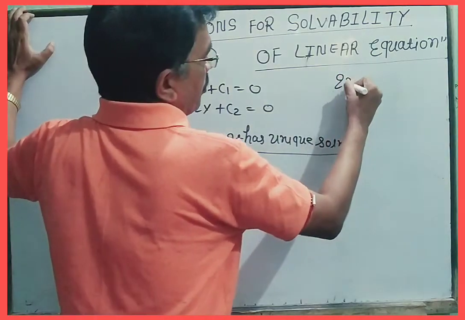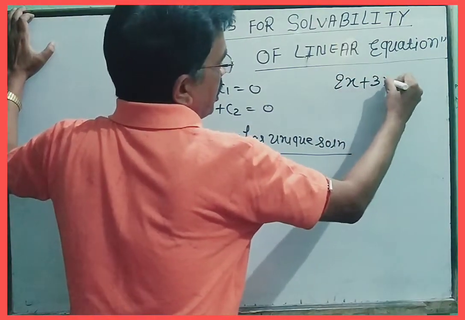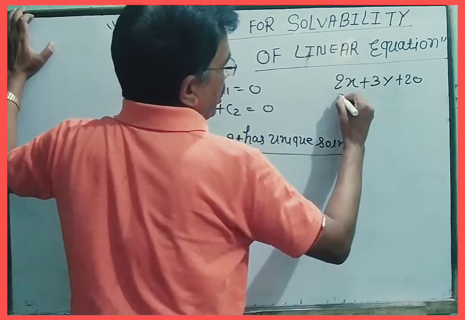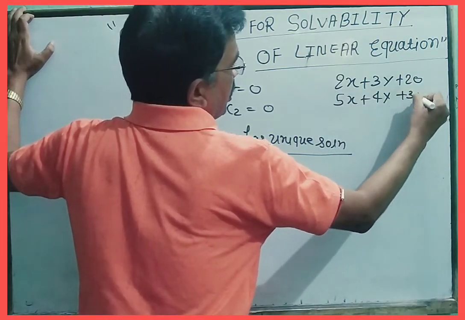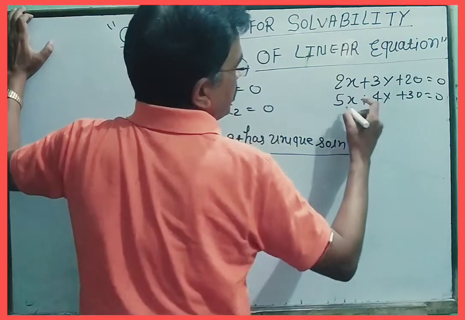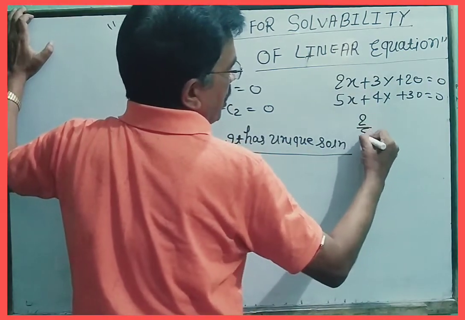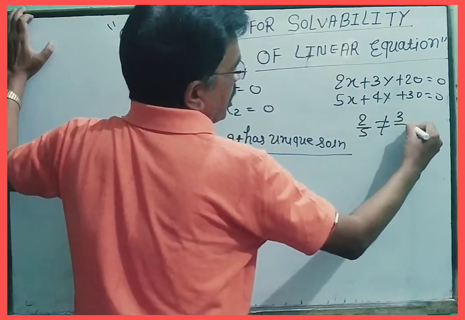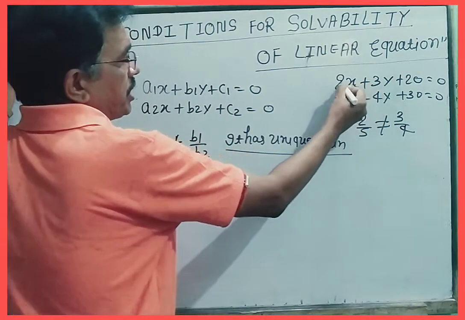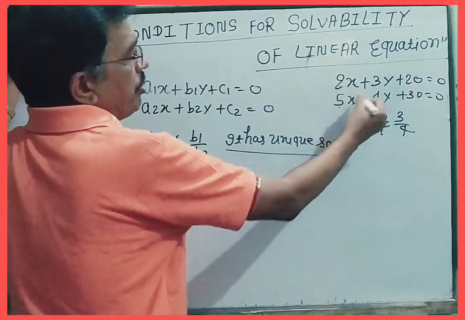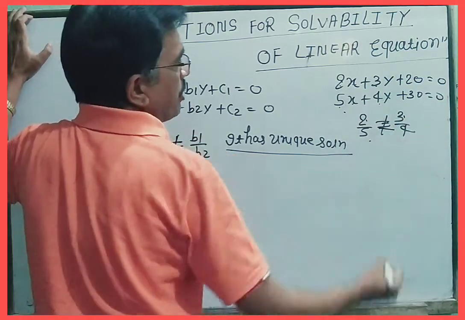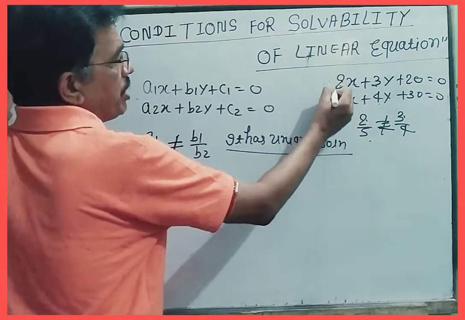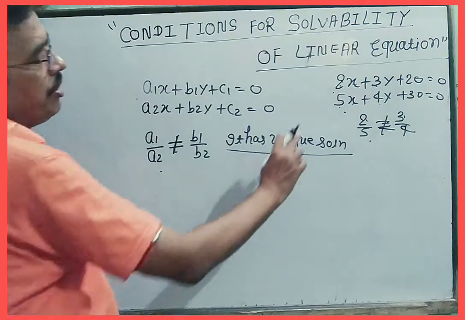Like when your equations are 2x plus 3y plus 20 equal to 0 and 5x plus 4y plus 30 equal to 0. That means 2 by 5 is not equal to 3 by 4. The coefficients of x are a1 and a2, and of y are b1 and b2. Since 2 by 5 is not equal to 3 by 4, when you solve, you get a unique value of x and y.